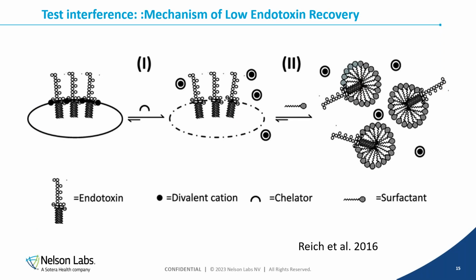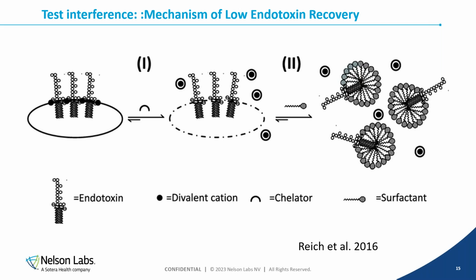I told you that you have to have some aggregates for the endotoxins to be active. If you have a chelator like citrate in your product and a surfactant like polysorbate, well, these aggregates are stabilized by divalent cations.